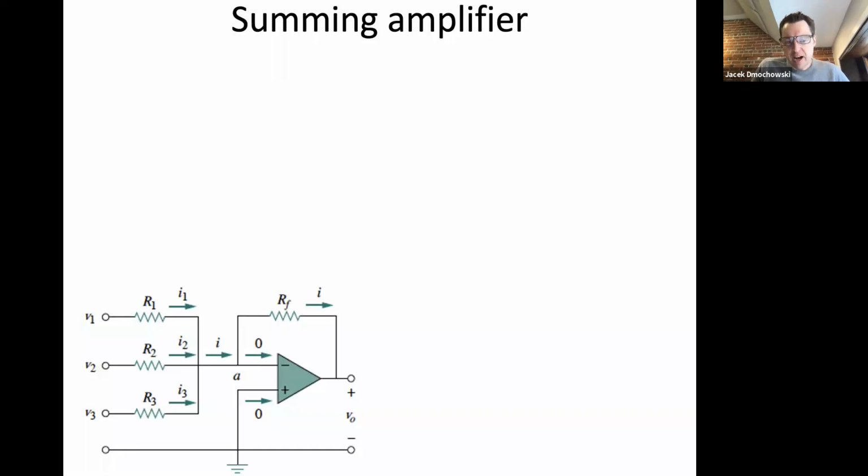So a summing amplifier, as the name implies, is an op amp circuit that sums up different voltages. In other words, here the output V0 is going to be equal to the weighted sum of V1, V2, and V3.